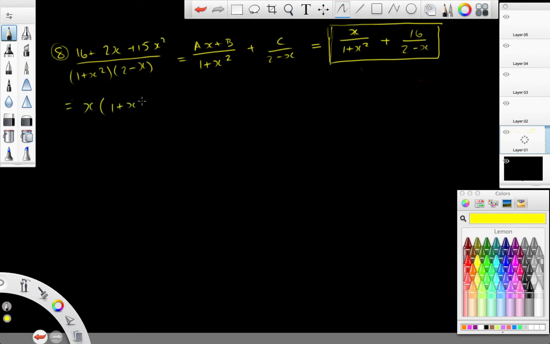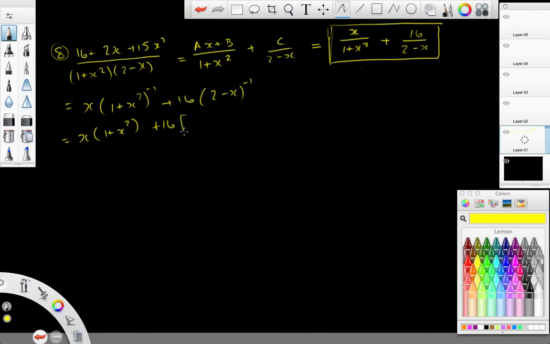x times (1 plus x squared) to the minus 1 plus 16 times (2 minus x) to the minus 1. Now, just before you dive in, be careful here, because this is in the form 1 plus theta squared, with 1 plus theta to the power n or whatever. This is not. So remember, you need to take out the factor of 2.